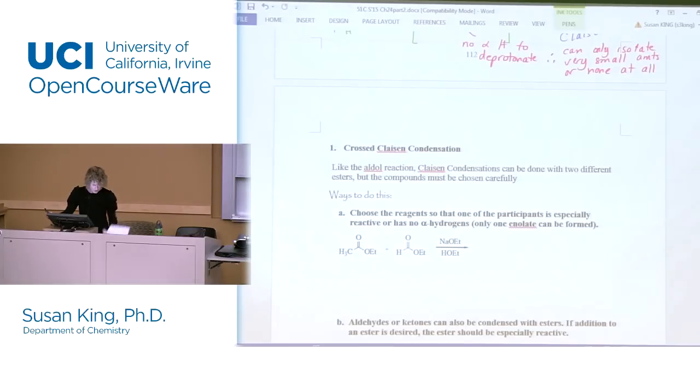Okay, so a couple ways to do this. Choose reagents so that one of the participants is especially reactive or has no alpha hydrogens, so only one enolate can form. Doesn't that sound familiar? That's what we were doing with the aldol on Friday. Okay, so let's look at the combination here. Only one enolate can form, so we're going to form the enolate here.